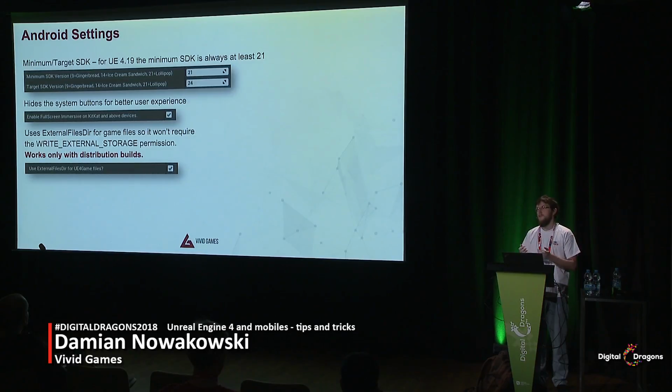When you start the game, you will see a pop-up that the game wants to use your files, and it might confuse some players. Just keep in mind that it will work only when you build for distribution. Unreal Engine must store files in the external storage directory in development builds for debugging purposes.